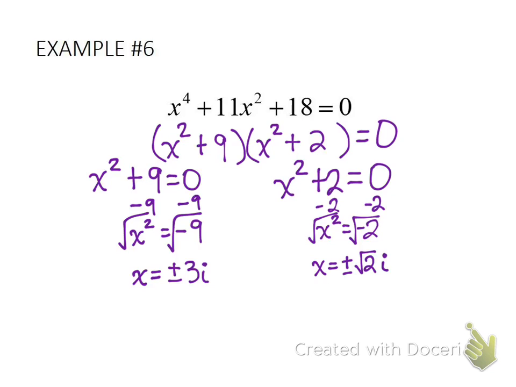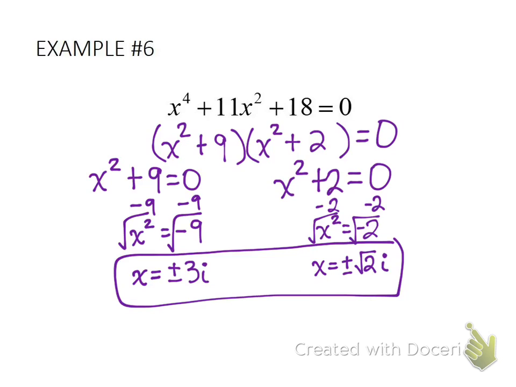We know that when we have a negative under a radical, we're going to need to simplify to use i. The square root of 2 does not break down, so we just leave it as the square root of 2. These represent our answers.